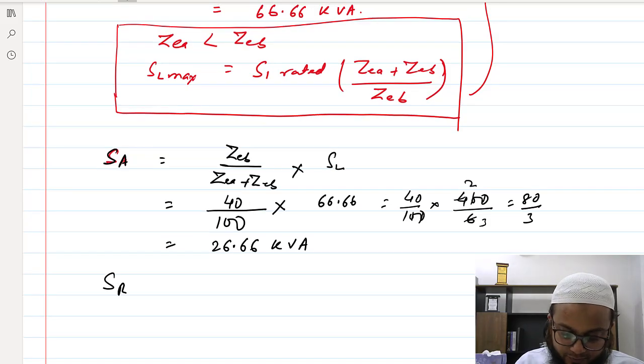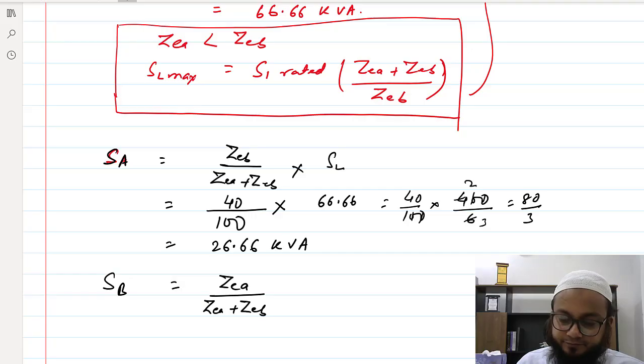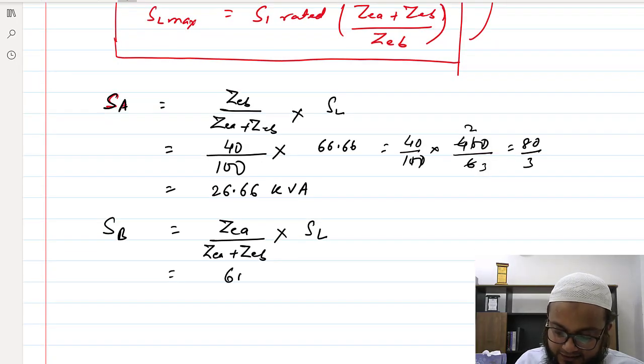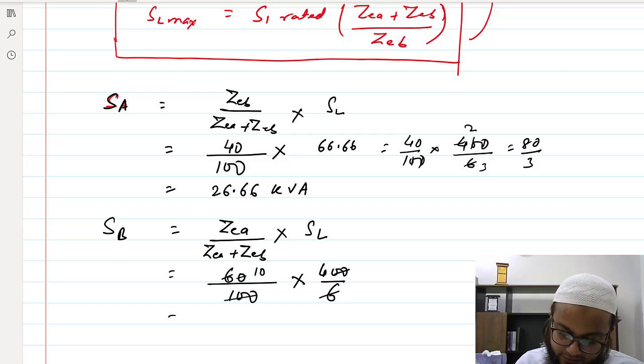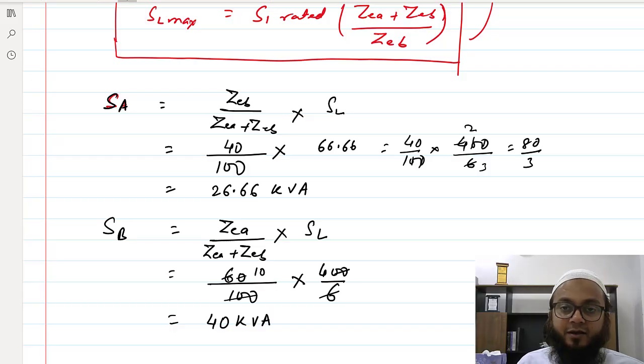And what about SB? That would be ZEA upon ZEA plus ZEB into SL. So ZEA is 60 upon 100 into 66.66. So that is 40 kVA. Okay.